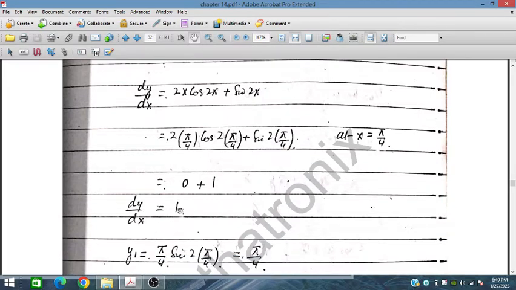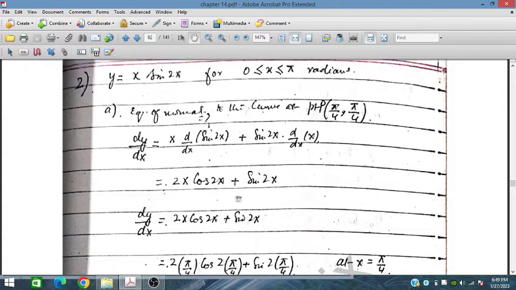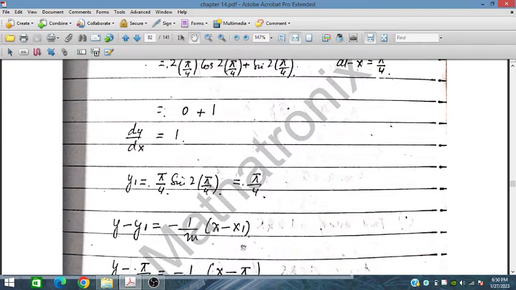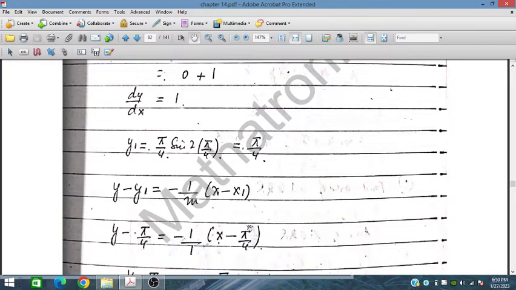For the y value, placing pi by 4 here, the y value is obtained as pi by 4. So y1 is pi by 4 and x1 is also pi by 4, and the gradient is 1.